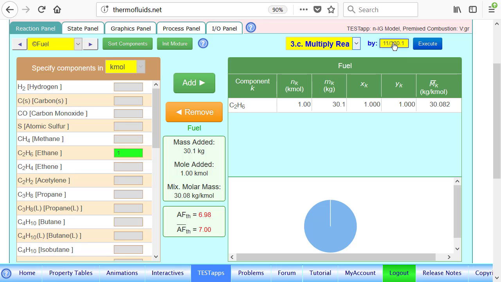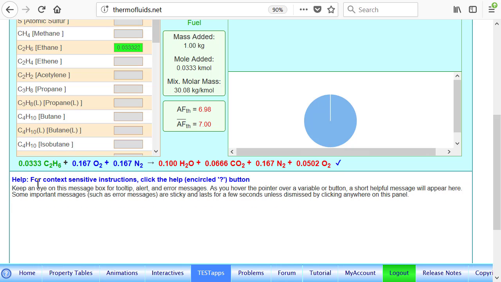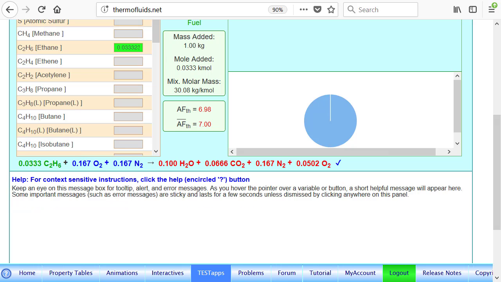That'll be close enough. So now by multiplying by this small factor, we have exactly 1 kg of ethane here, and we'll have almost exactly 10 kg of the oxygen-nitrogen mixture.